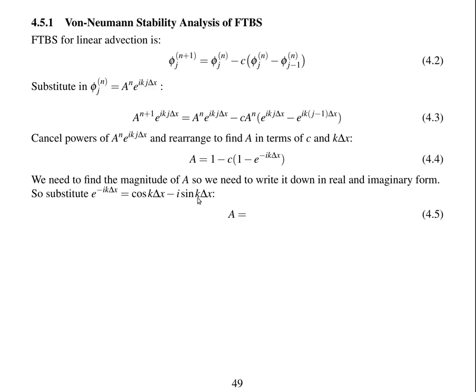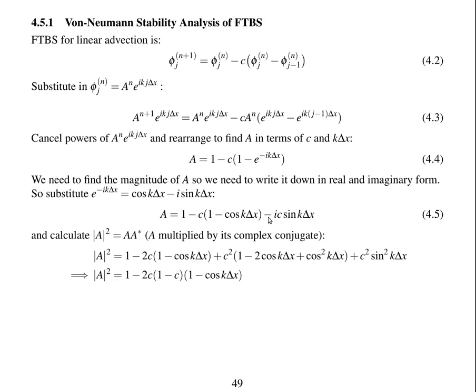So substituting this in, we will get this equation, and then in order to find the magnitude, we multiply a by its complex conjugate and do a bit of manipulation, and we'll find that the magnitude of a squared is equal to this expression here, 1 minus 2c, 1 minus c, 1 minus cos k delta x.